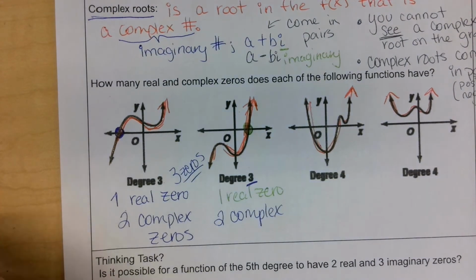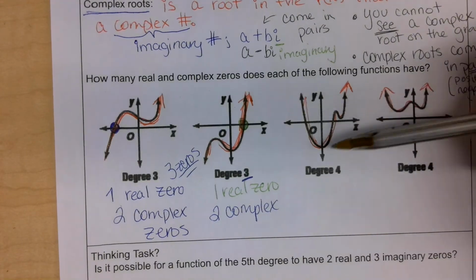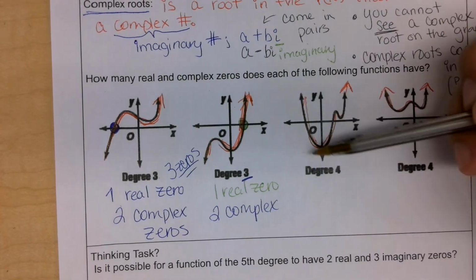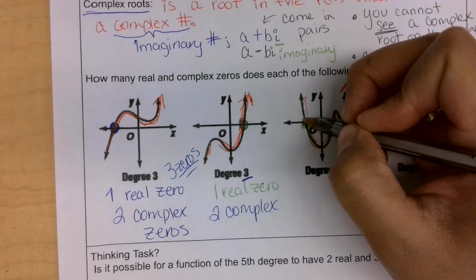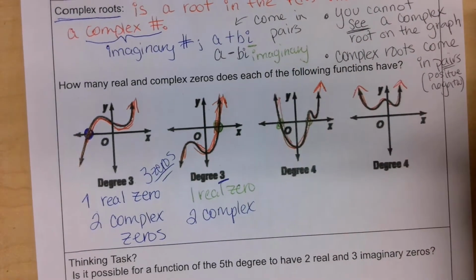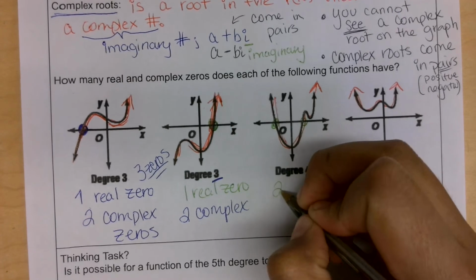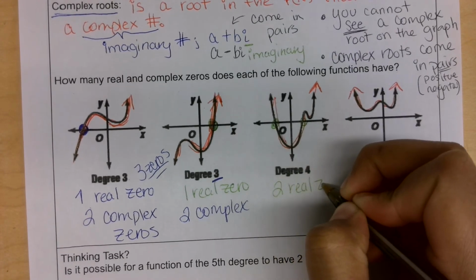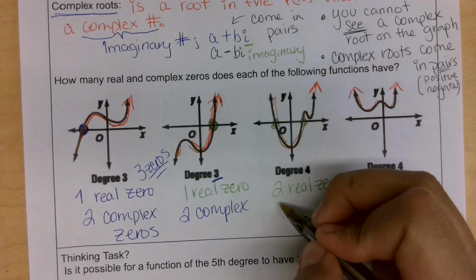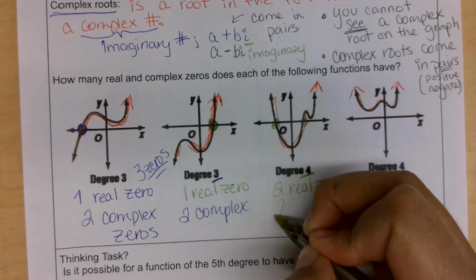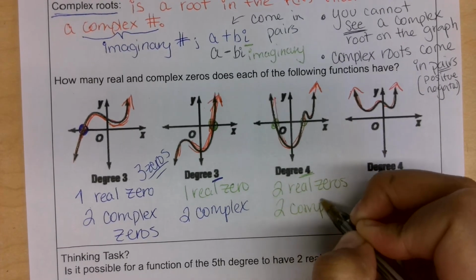All right, let's go ahead and try the next one. How many reals does this function have? This function crosses the x-axis 1, 2 times. So that one has 2 real zeros because we can see where it crosses. And if it's a degree 4, we're missing 2 complex.